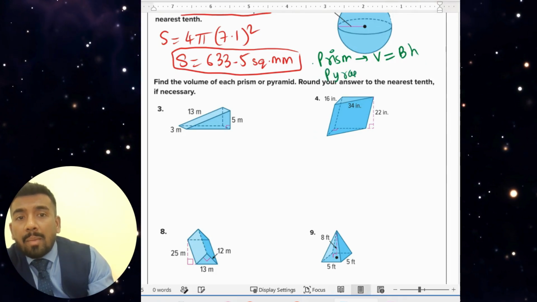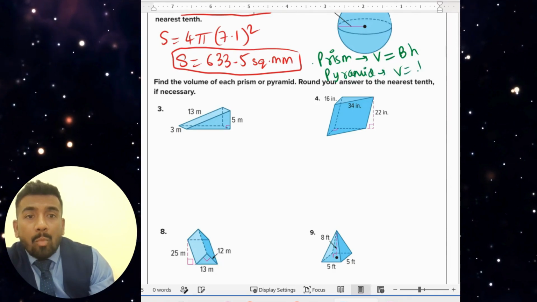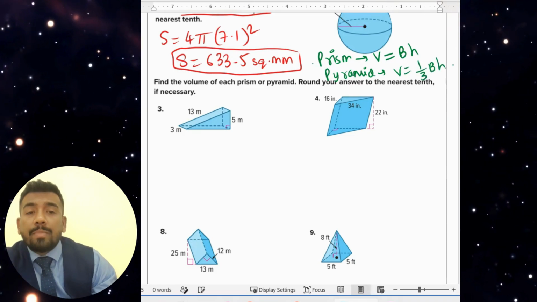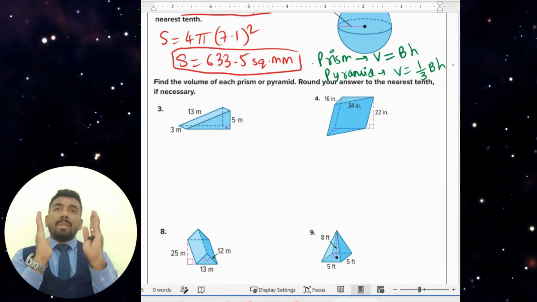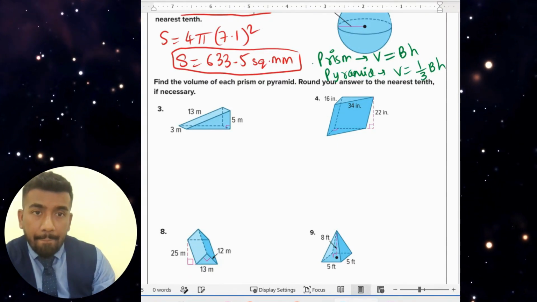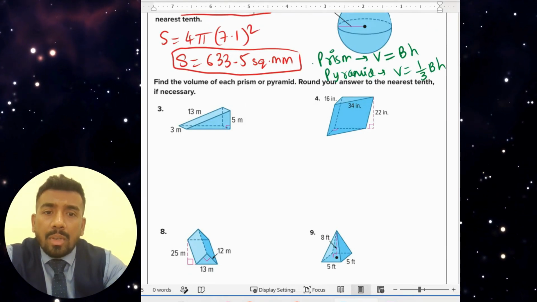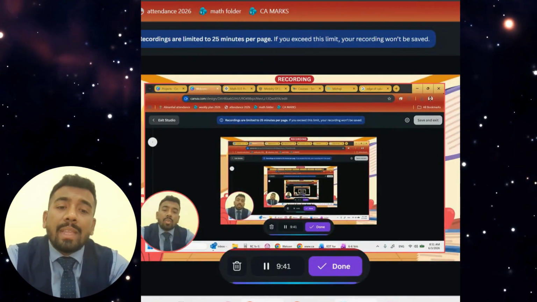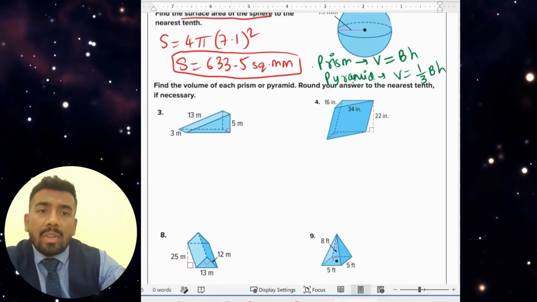In the same way for a pyramid, what do you think the volume will be? 1 over 3 BH. If you find it difficult to remember the formula, I'll give an example of why it is 1 over 3 BH.